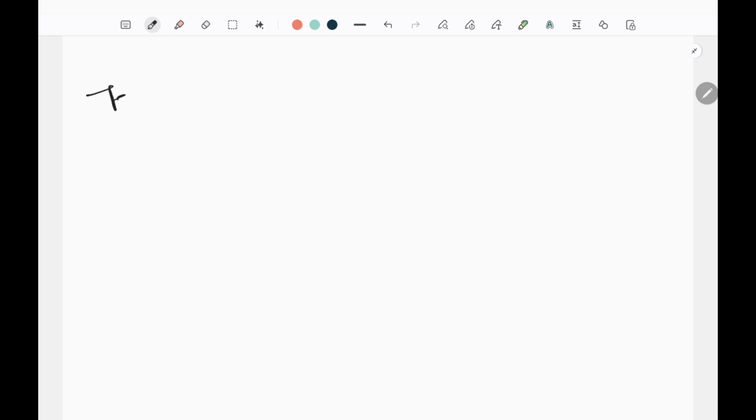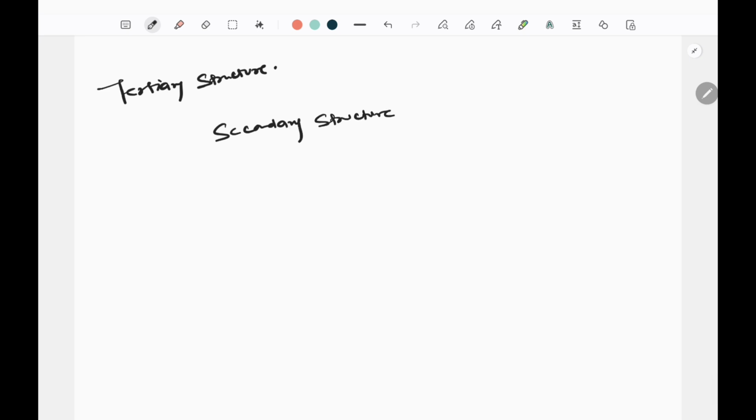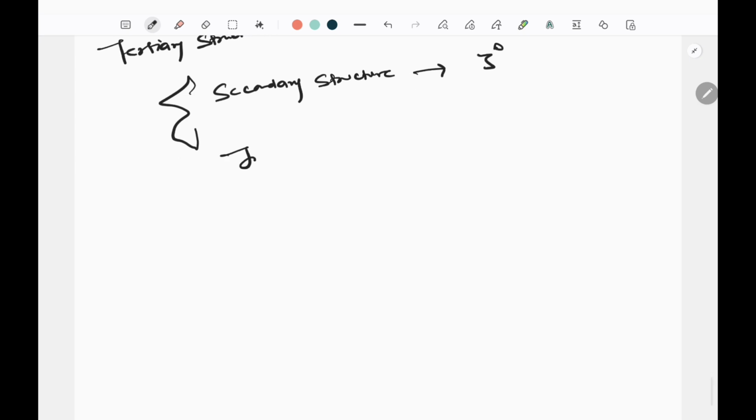So another structure is called the tertiary structure, where all of the secondary structures integrate and give you the tertiary structure, right? So here it includes alpha helices, beta sheets, turns and loops.